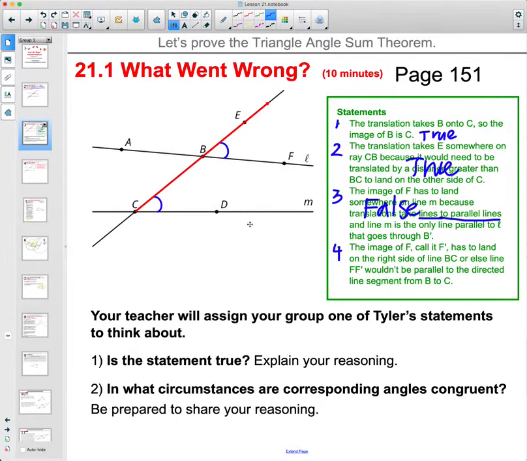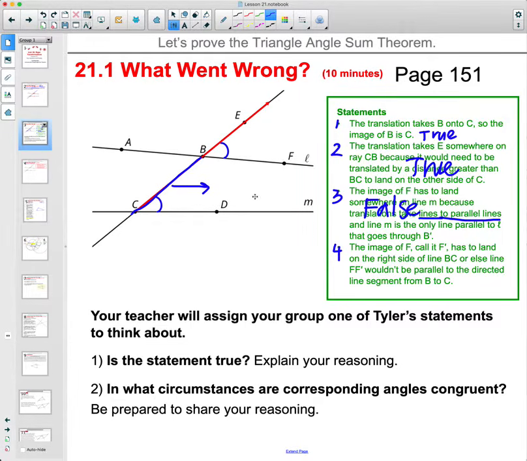Number 4, the image of F, call it F prime, has to land on the right side of BC. Okay, so here's BC. So this would be the right side of BC, so anywhere over here. On the right side of BC, or else F prime wouldn't be parallel to the directed segment.